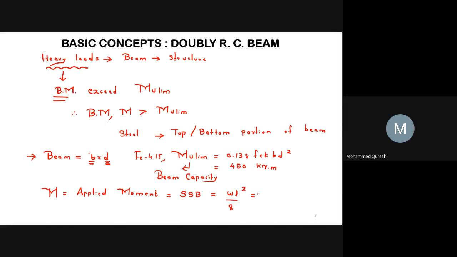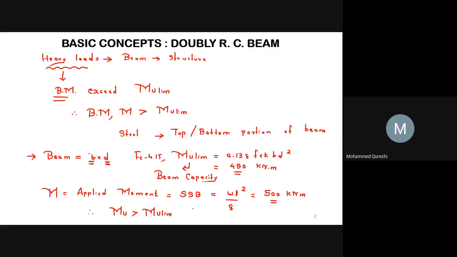So, after putting the values that we had assumed, we will get applied moment capital M equals 500 kilonewton meter. So, in this case, we get the value of Mu limit as 450 and the applied moment is 500. Hence, we may say that Mu is greater than Mu limit.